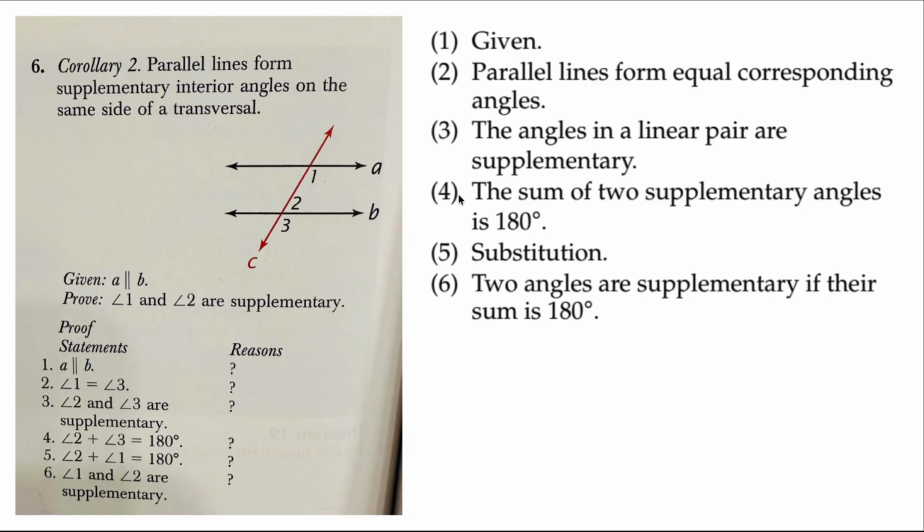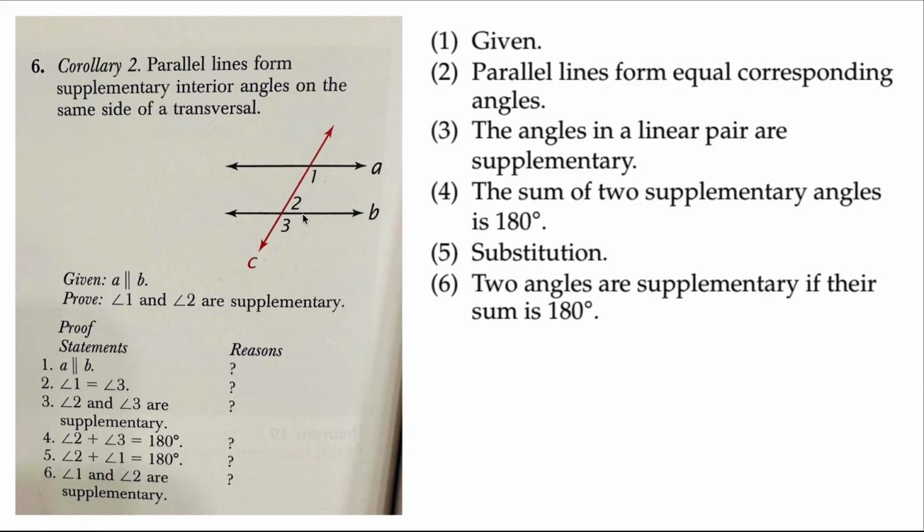We've talked about them. Now for number 4, angle 2 plus angle 3 is 180 degrees. Well, we just talked about how they are a linear pair, so the sum of 2 supplementary angles is 180. And now angle 2 plus angle 1 is 180.